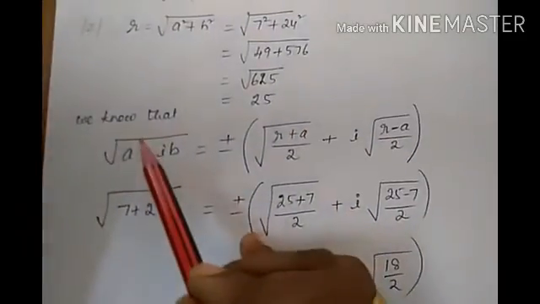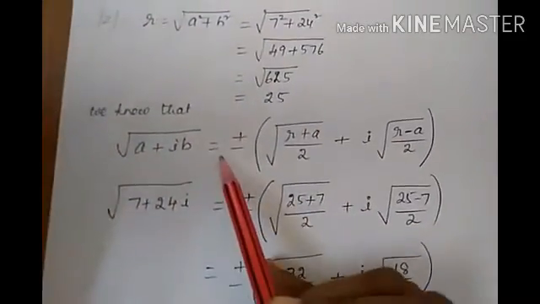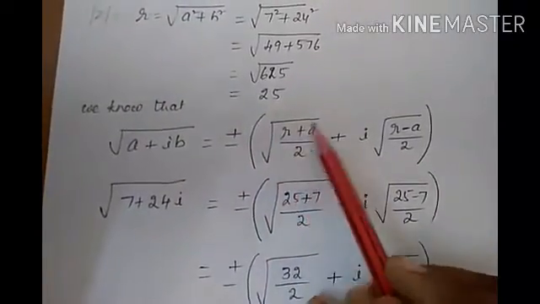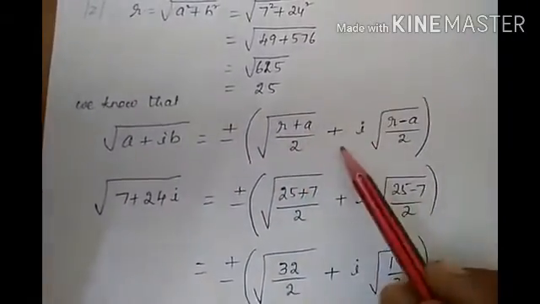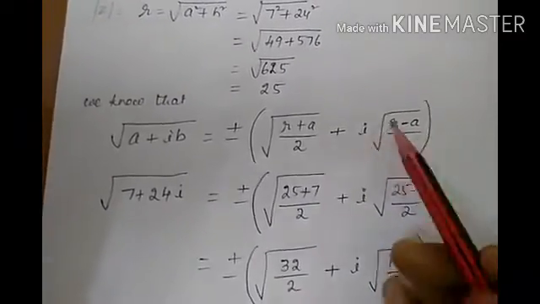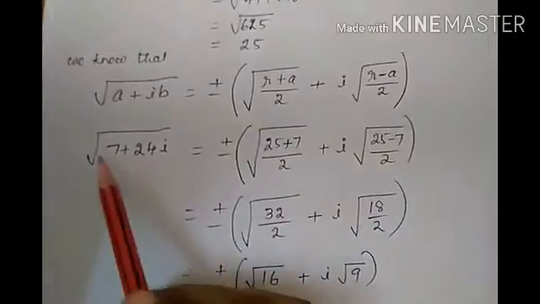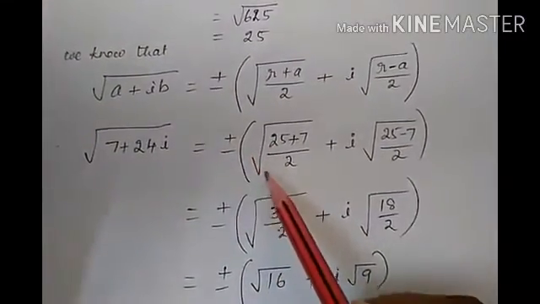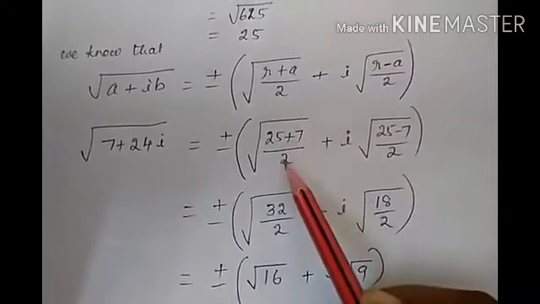We know that the square root of a plus ib equals plus or minus square root of (r plus a) by 2 plus i into square root of (r minus a) by 2. Here, square root of 7 plus 24i equals plus or minus root of (25 plus 7) by 2.